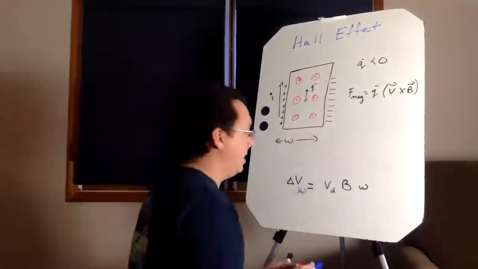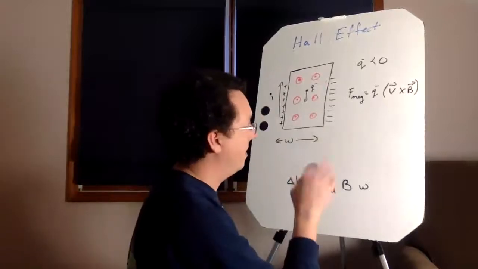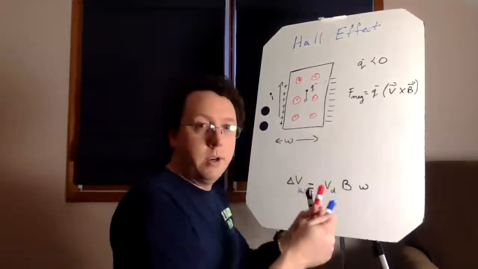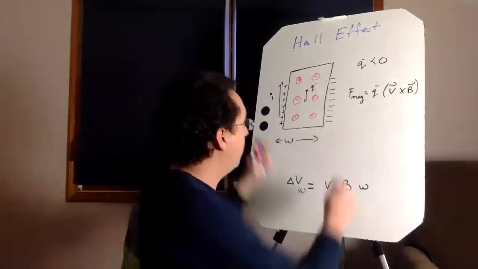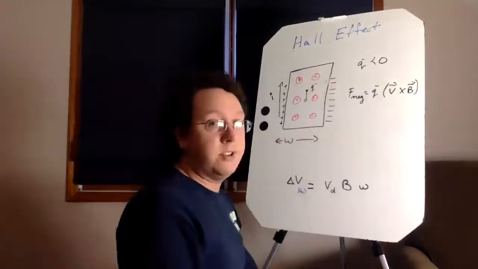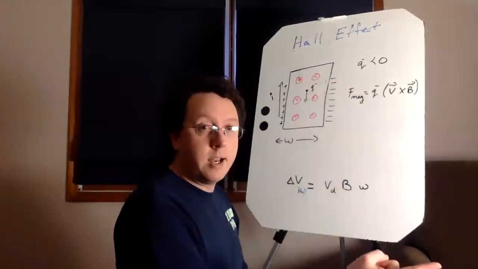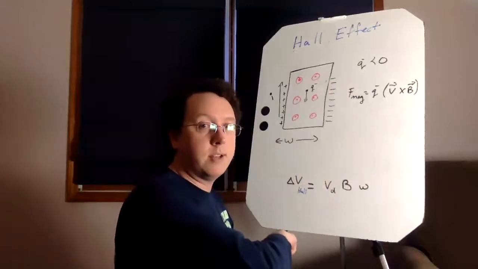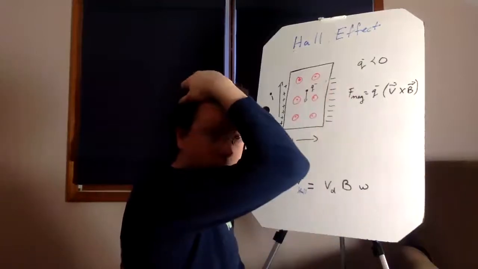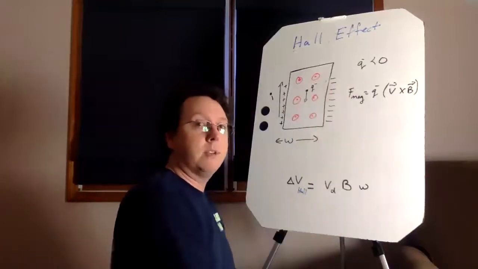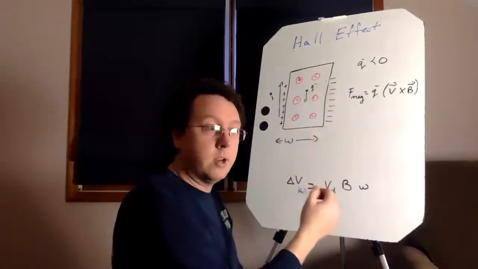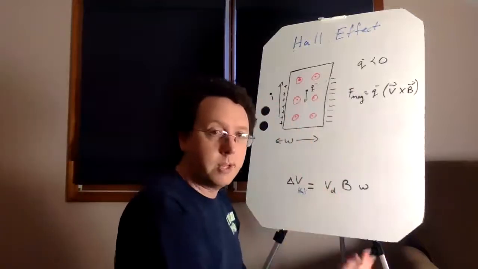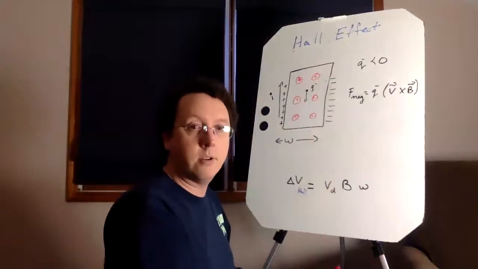So you take your voltmeter, you make the stick of gum, you run the current through in the presence of the magnetic field, you measure the voltage across the two sides, and you say, oh, was the right side higher or lower than the left? If the right side was higher than the left, then the charge carriers must be positive. If the right side was lower potential than the left, then the charge carriers must be negative. We do the experiment, and it turns out they're negative. Electrons have negative charge.